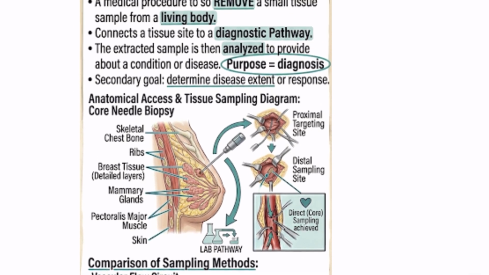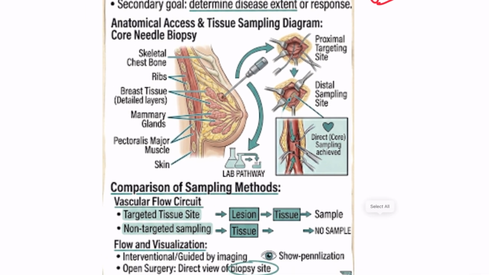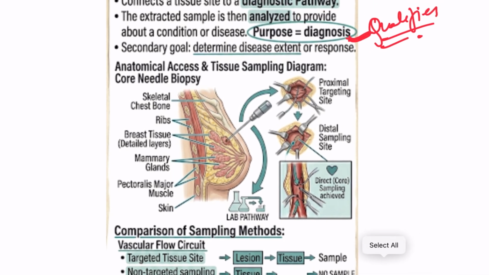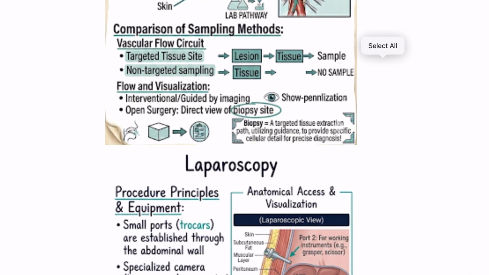And that intention is captured in the qualifier. So now the procedure is not just excision, it's excision for a diagnostic procedure. So a qualifier is not about what was done, it's about adding meaning to what was done. Okay, it answers a simple question: why it was done, what specific variation of the procedure was performed, and what additional detail completes the description.